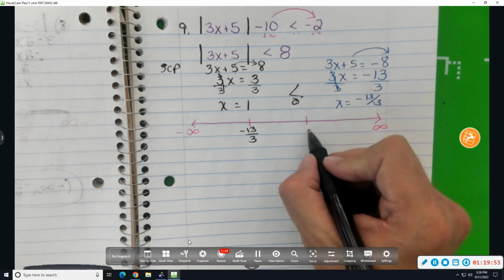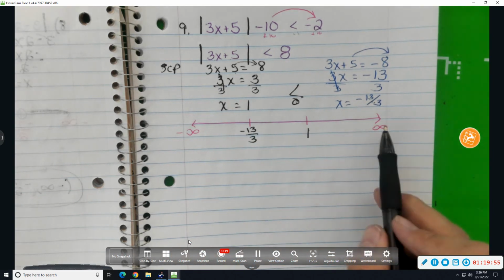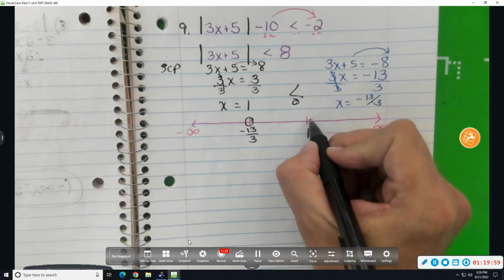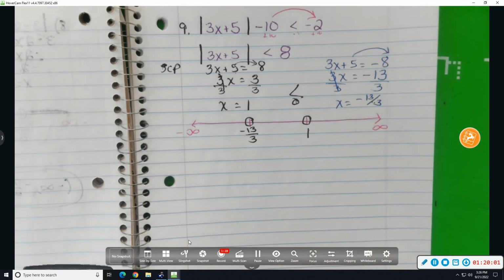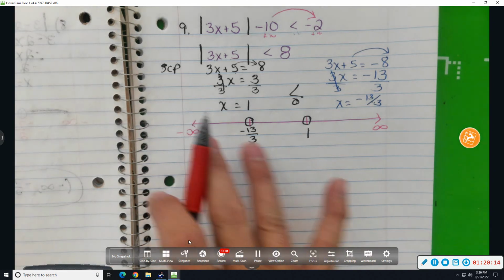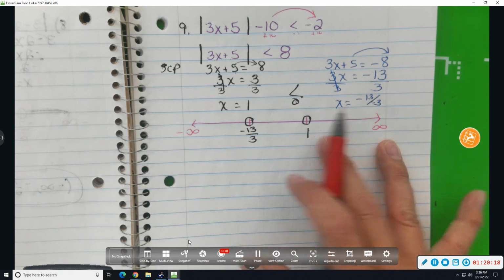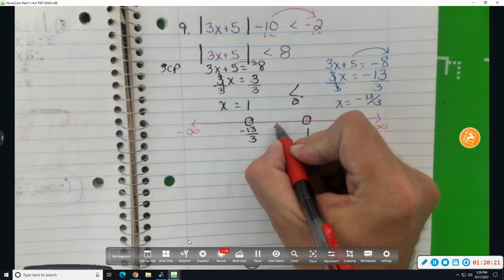The positive 1 closer to the positive infinity. And open circles. You want me to guess what number I'm going to test? 0? Mm-hmm. So 0 goes where? Is it between two negatives? A negative and a positive? Or between two positives? Yes, this is the interval I'm testing.